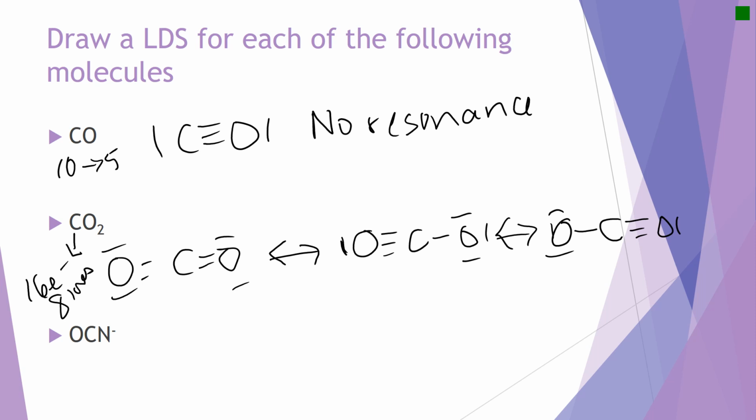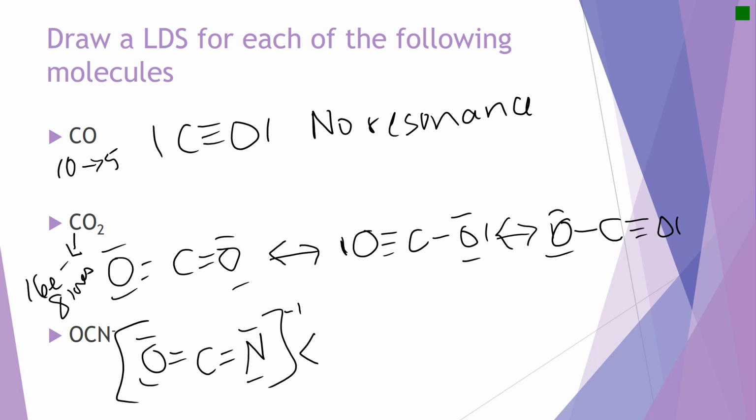OCN does a very similar kind of structure. So you've got O, which is double bonded to C, double bonded to an N. Lone pairs on both of those with brackets and a charge. Why I'm using brackets and a charge is because it has a charge of -1. That also will move these double bonds. So if we're going to move this oxygen to make a triple bond, then that bond will make a lone pair, and then they'll keep moving around.